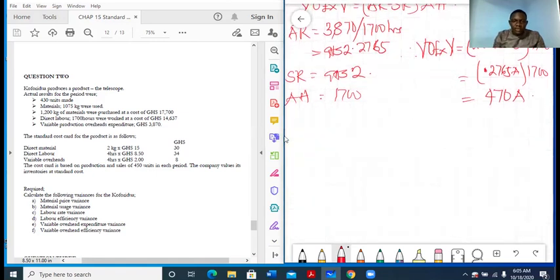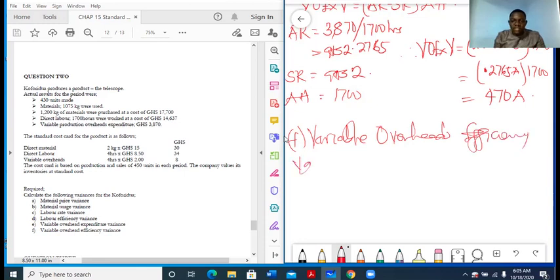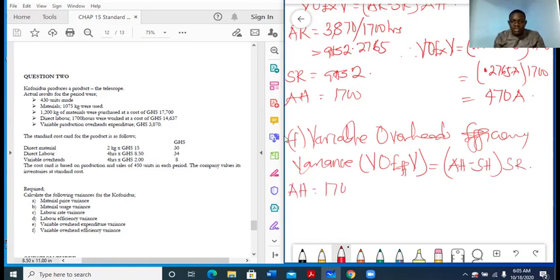Then the next was for us to find the variable overheads efficiency variance, which is VOEFF, which is the actual hours minus the standard hours measured at the standard rate. So we already know our actual is 1,700.